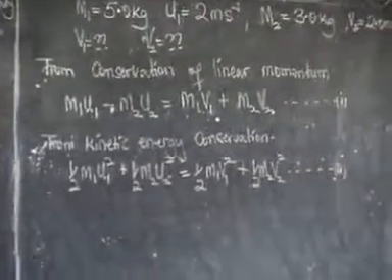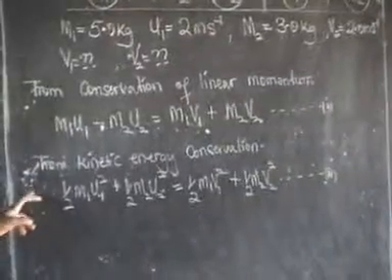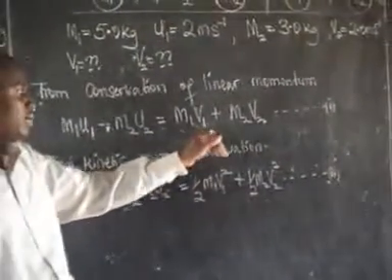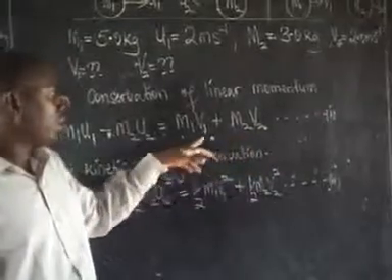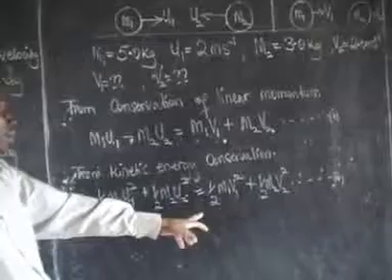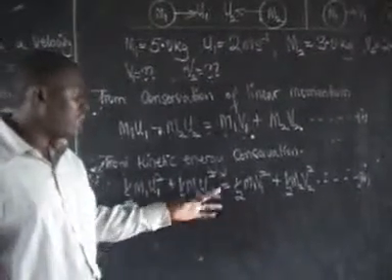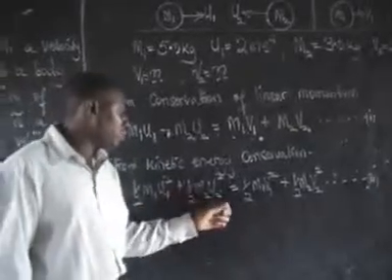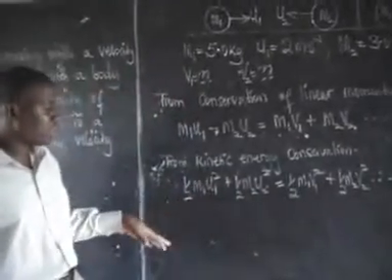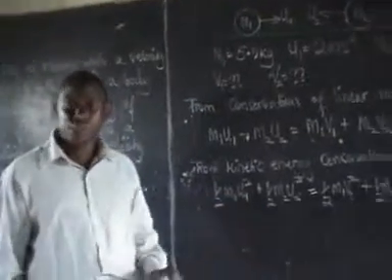Now these equations can be simplified further. Since we are interested in v1 and v2, you may be tempted to make v1 the subject using equation 1 and substitute it in equation 2. Fine, it may work, but it will give you an equation that is hard to solve. Actually, it will be a quadratic equation.